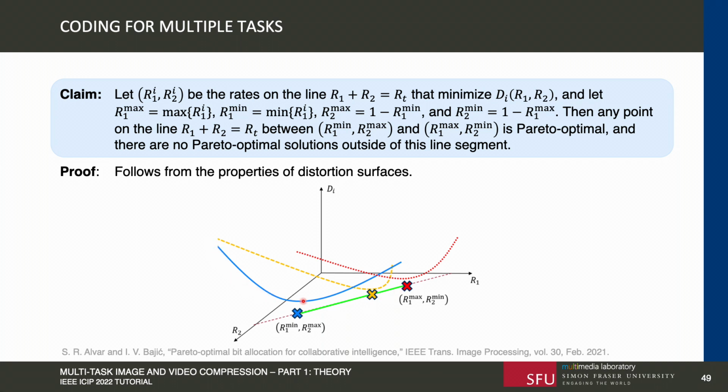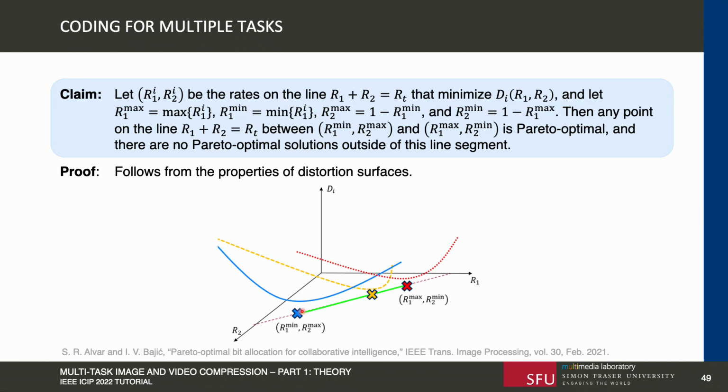The blue line represents the distortion of one of the tasks, and its optimum is at some point. The yellow curve represents the distortion of some other task, and its optimum, its lowest value, is at some other point, and so on. So what the claim says is that you find all those points that optimize each task individually, and then you look at the extreme points, the leftmost and the rightmost point among all of those.